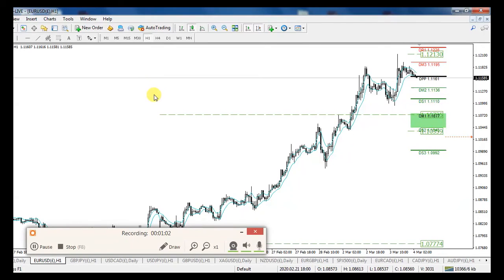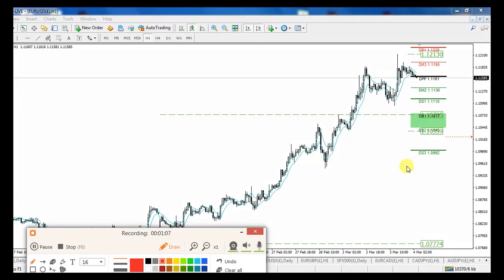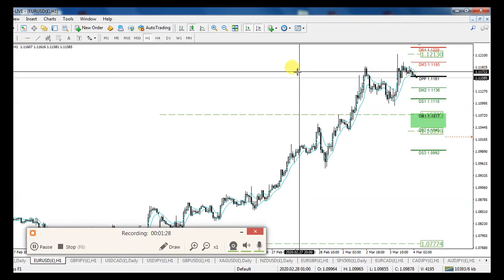So that will be the potential entry for the first attempt, but of course price can also go a bit further down, maybe down here, and even take out this low as well and get these orders in before it continues to go higher. So that's what I'm expecting on the first entry.